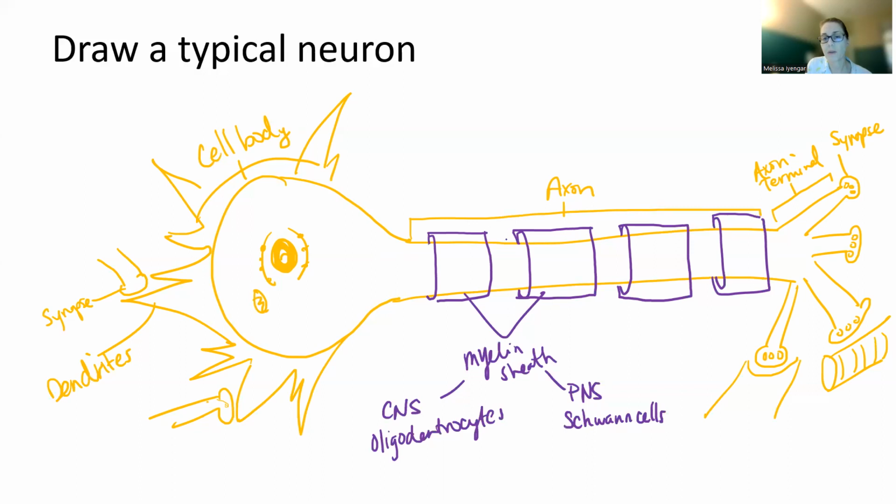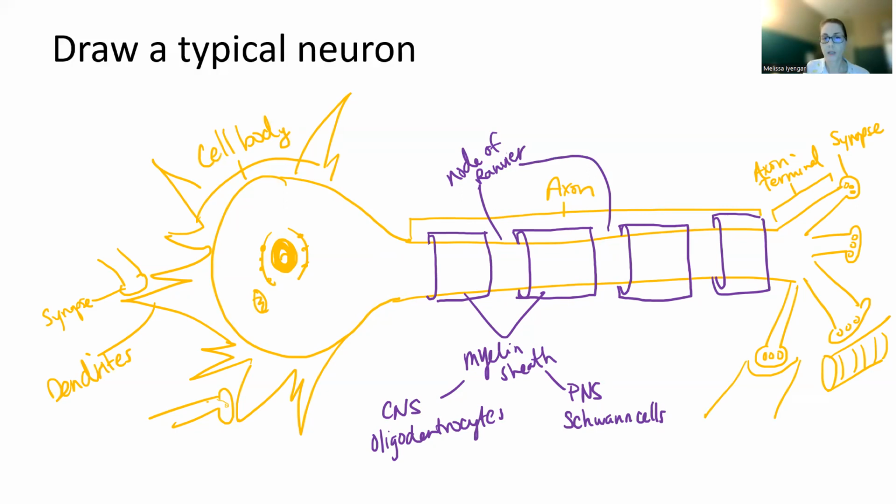And then you can see how we create this node of Ranvier, where we jump our electrical message from one node to another node, what's called saltatory conduction, which is faster conduction, okay?